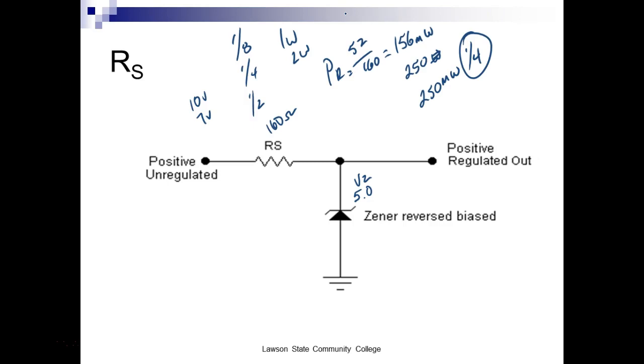So let's see, what would be the maximum current that would ever flow through the Zener? So what were my load currents we were doing? I lost all my writing. Was it 10 and 50 milliamps?